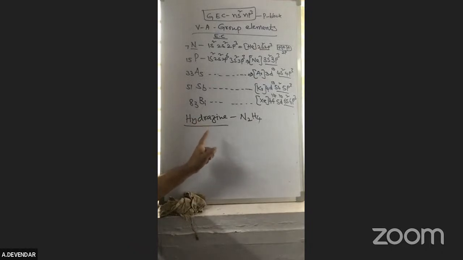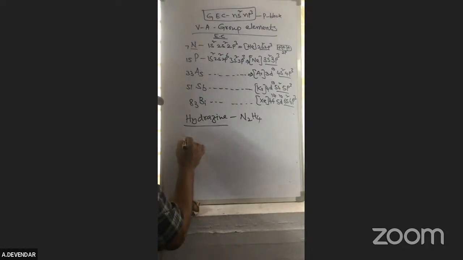Here, first of all, we can discuss hydrazine. This hydrazine, N2H4. How to prepare it: we take ammonia and sodium hypochlorite and pass them through an electric discharge.